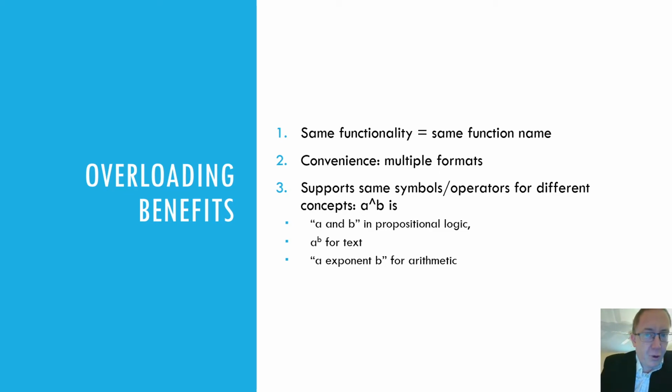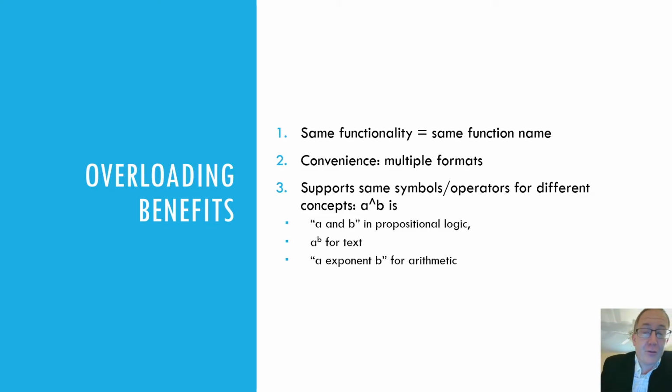I just want to have one function name. If it does the same thing in all those circumstances, it should be called the same thing. If all my functions for printing are called print, it's a whole lot easier than print circle, print whatever, print node 1, print node 2. It's convenient. I can have multiple formats. No one needs to know that there are multiple formats. It just works. You didn't know that strings did this.